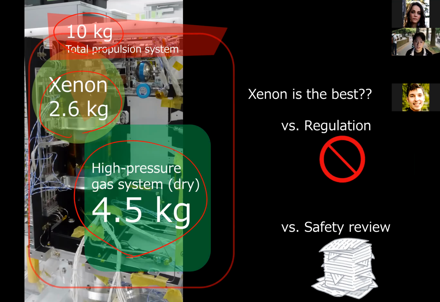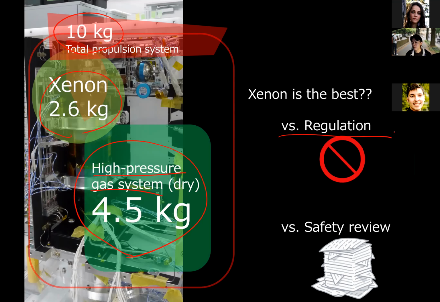So I wanted to reduce this mass, especially when we install a propulsion system to a CubeSat. And this kind of high pressure gas system has another problem. There are a lot of regulations, and due to those regulations, we cannot design the original gas tank or high pressure components, and it leads to heavy mass.